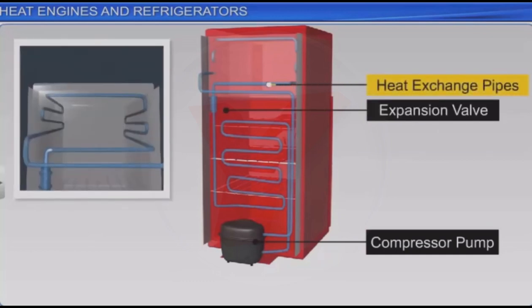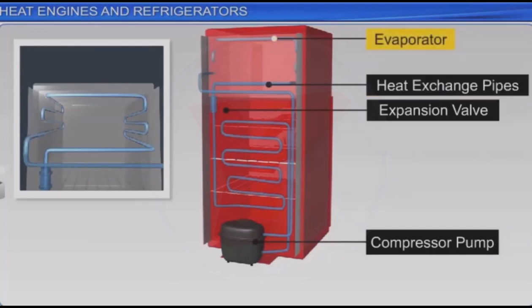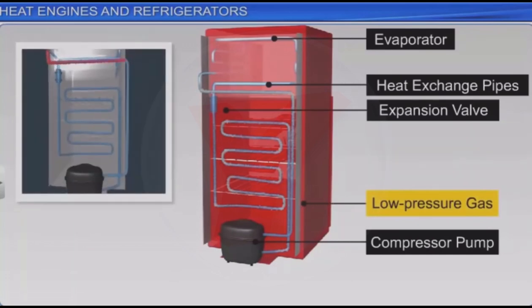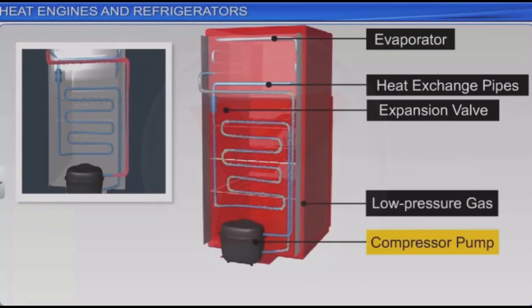The liquid refrigerant, while passing through the heat exchange pipes located inside, absorbs heat and evaporates. The vapor, which is at a low pressure, then enters the compressor. The compressor does some work on the vapor, and as a result, the pressure and temperature of the vapor increases substantially.